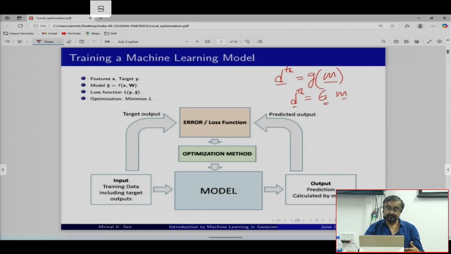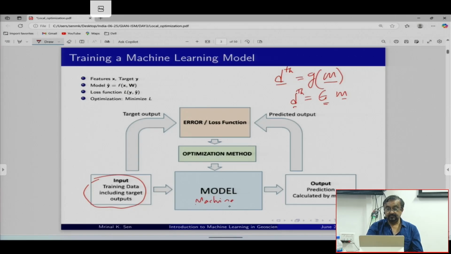There are some machine learning algorithms where you can use this forward modeling operator G also, but in general, we assume that we don't know the physics of the problem. So we have some training data, and then we fit it into some model. And this model is the machine learning model.